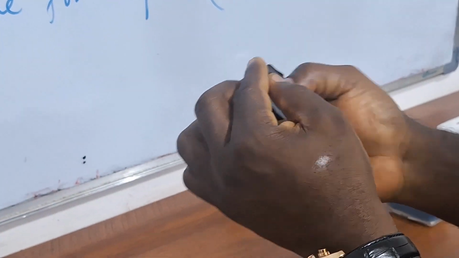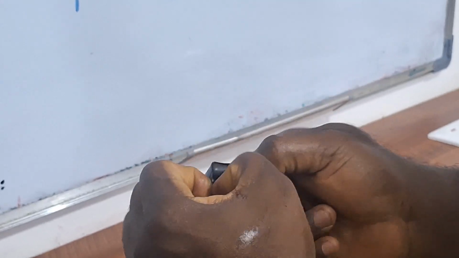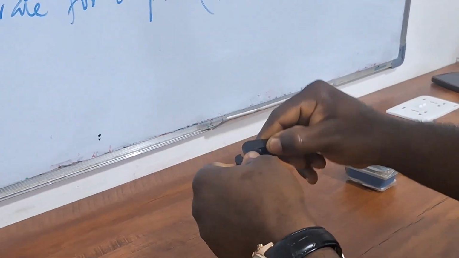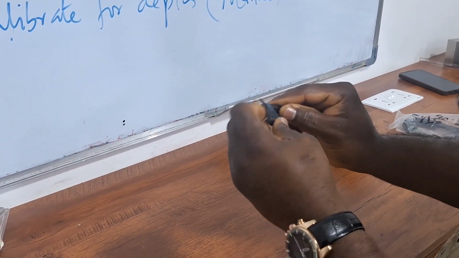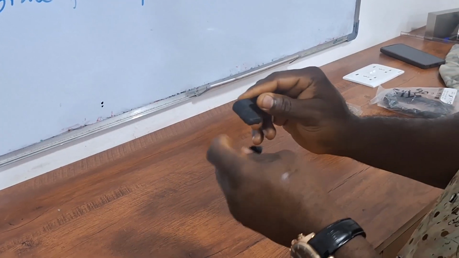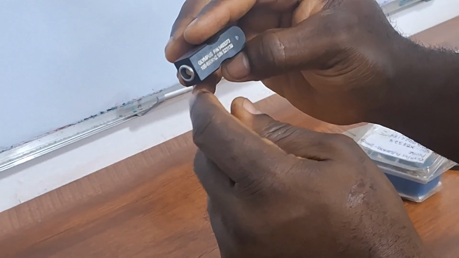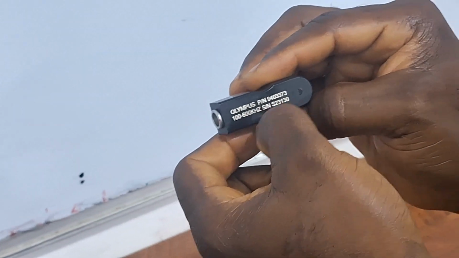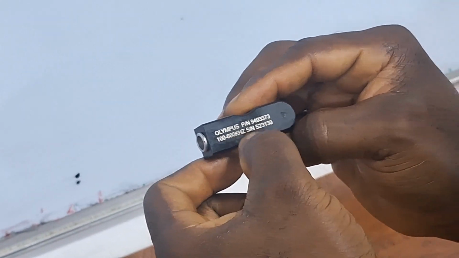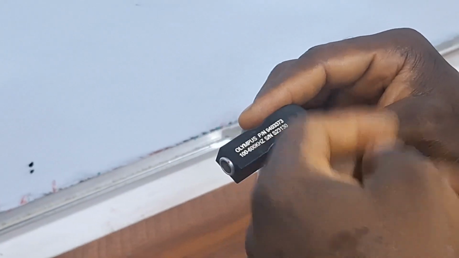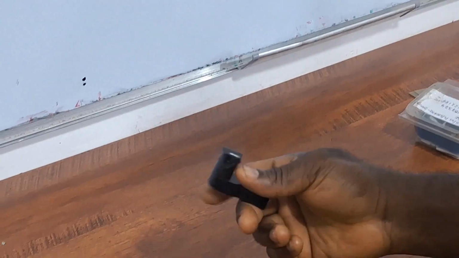So this needs to be protected. This top tip is one off. You can see here you have the serial number. Like I said, the frequency of the weld probe is usually higher than that of the surface probe. It's 100 to 600 kilohertz, with the serial number and the PN number. So this is the weld probe.